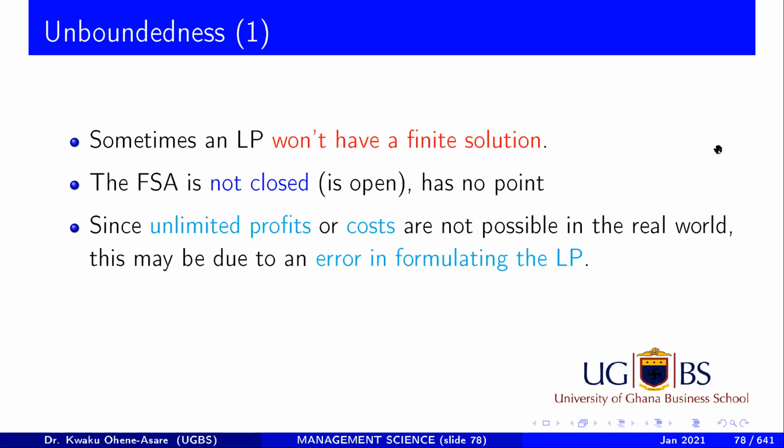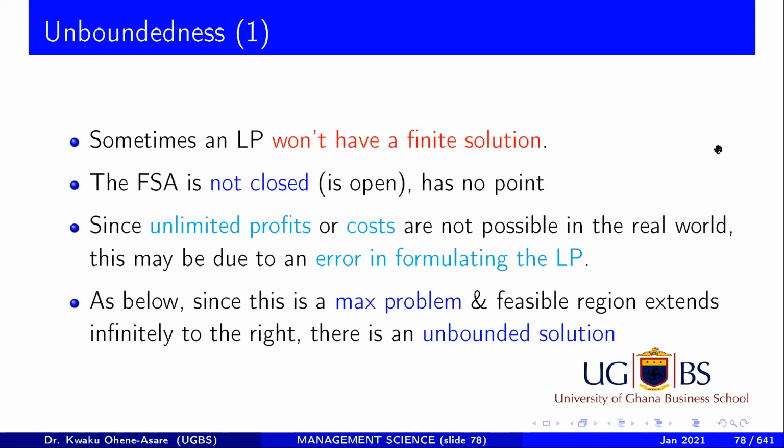You keep shifting it, and that means you're going to have unlimited profit and unlimited cost, which is not real. In a real market system, that is not possible. So sometimes the problem will come from a wrong formulation.